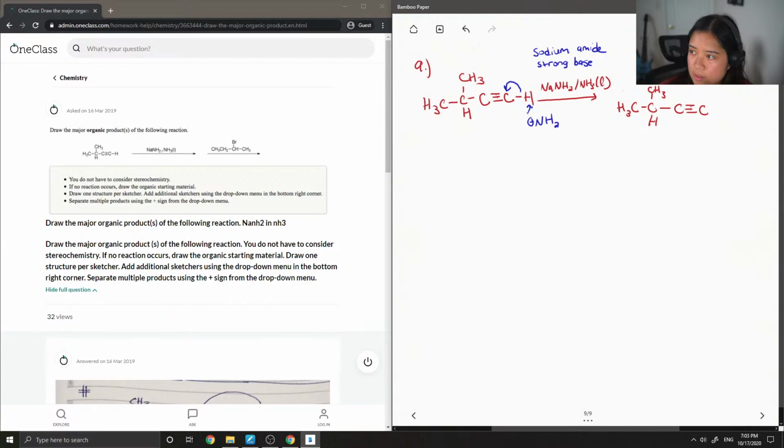So this now becomes just a negatively charged carbon.